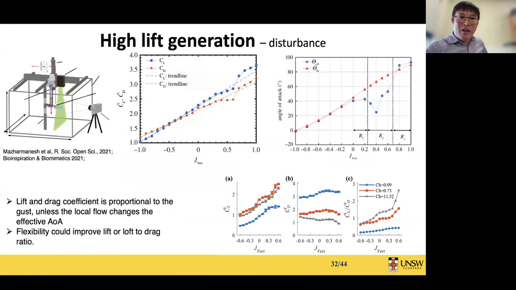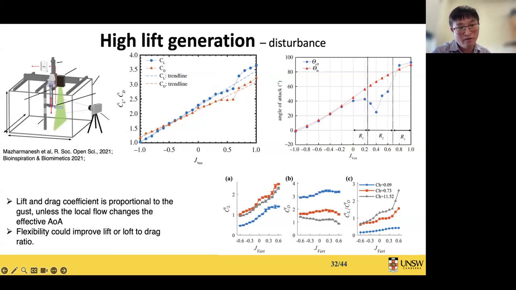So when we go to the disturbance part, for example, during the flapping fin, we introduce the vertical velocity here, and we can see that generally CL and CD are proportional to the disturbance, with exceptions here. This exception is due to local effective angle of attack changes caused by the local flow. That's just the mechanism behind.